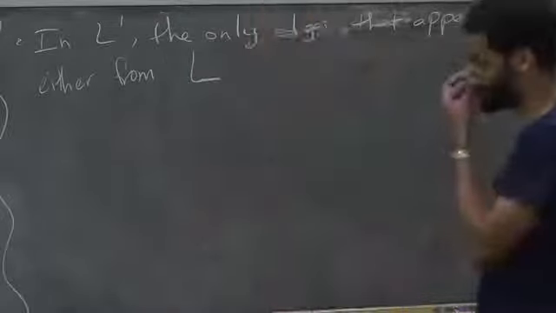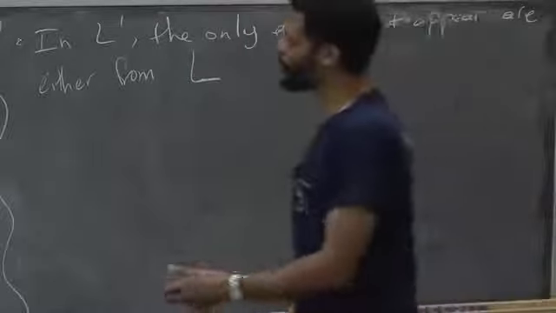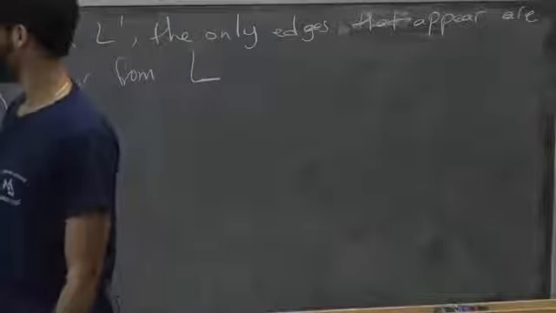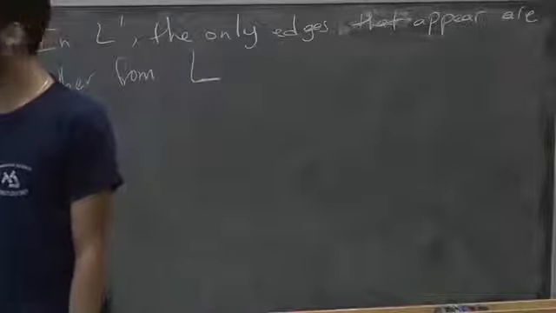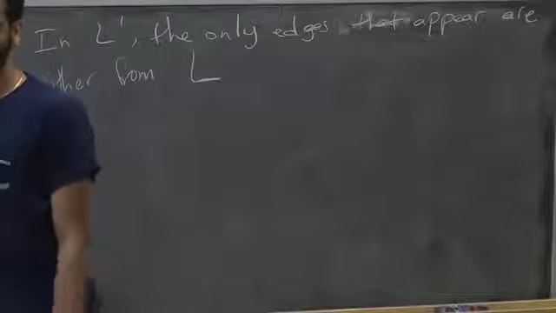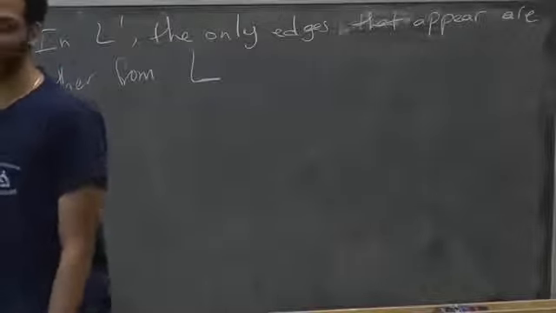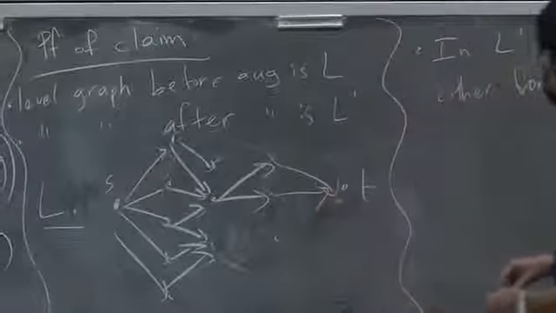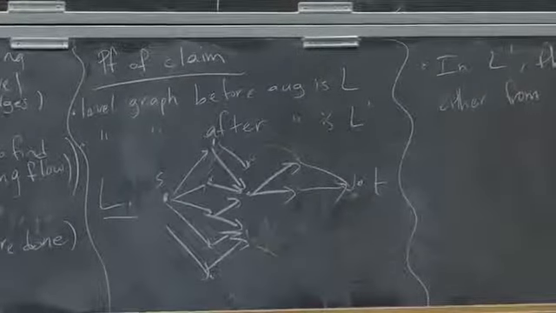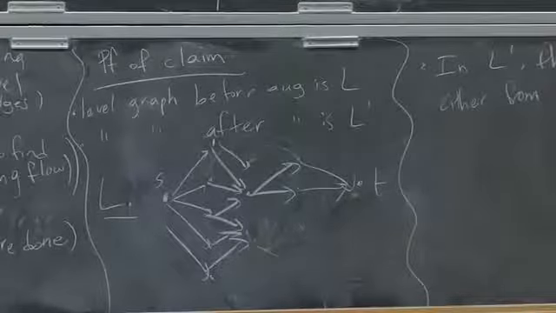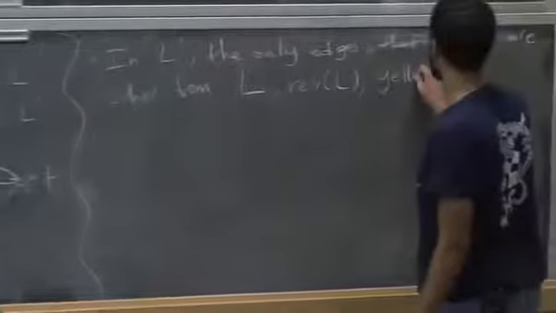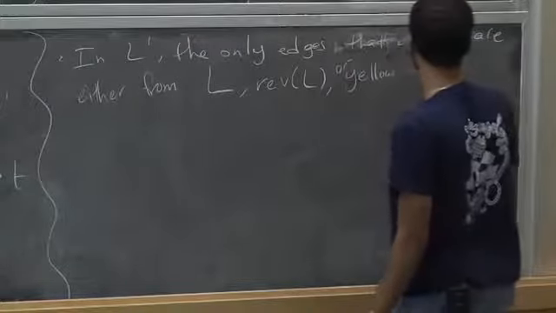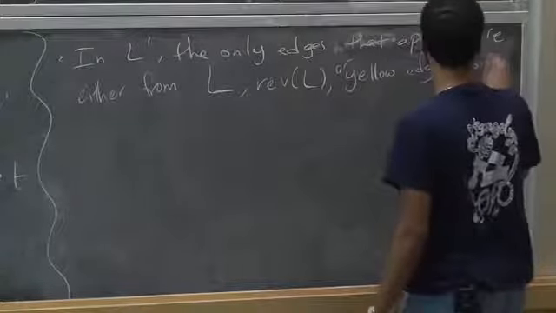I'm not going to rule them out. We might also have some edges show up from the reverse of L, namely a reverse of one of these edges, right? Because after we augment along paths here, some of these edges might get reversed, just like what you saw in that example. From L or rev L, or yellow edges, going backward.